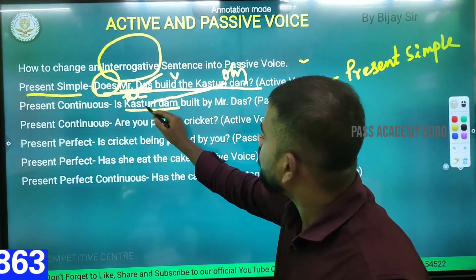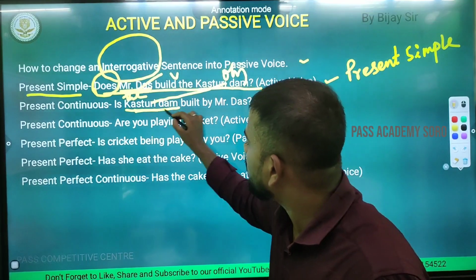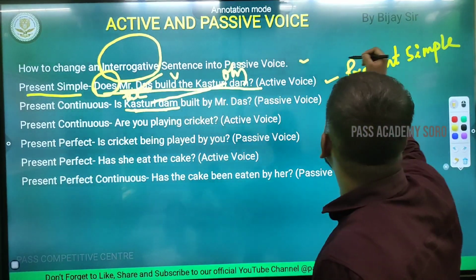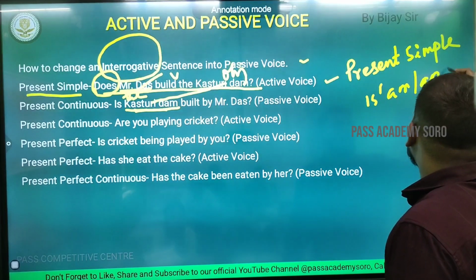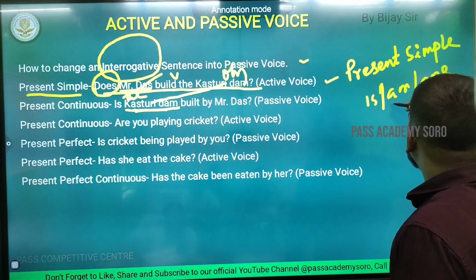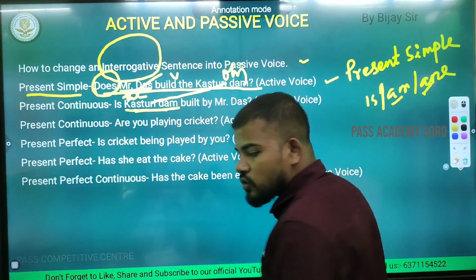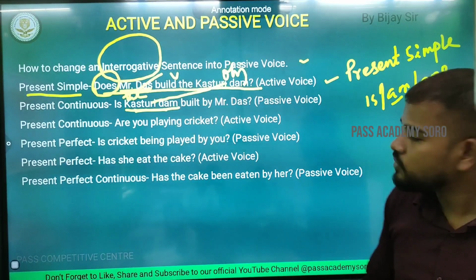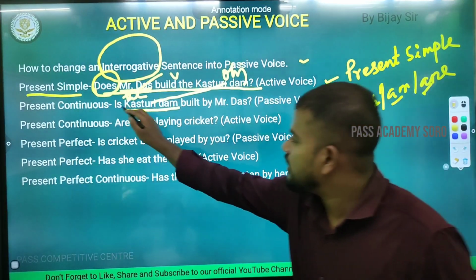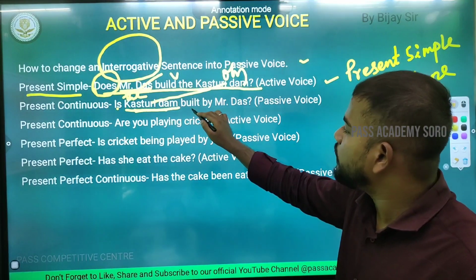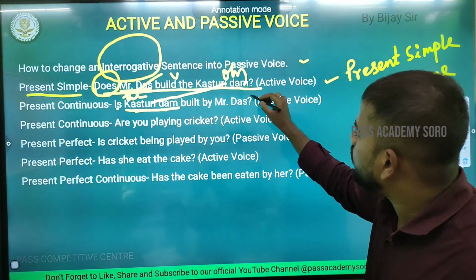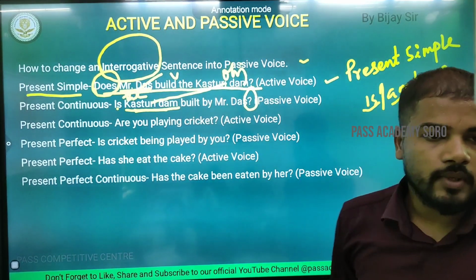As Kasturi Dam is singular, we will choose from is, am, are. Among is, am, are, we cannot use am, we cannot use are. So which word will we use? This one, is. So, is the Kasturi Dam built by Mr. Das? We put the question mark here, with the third form of build, that is built.